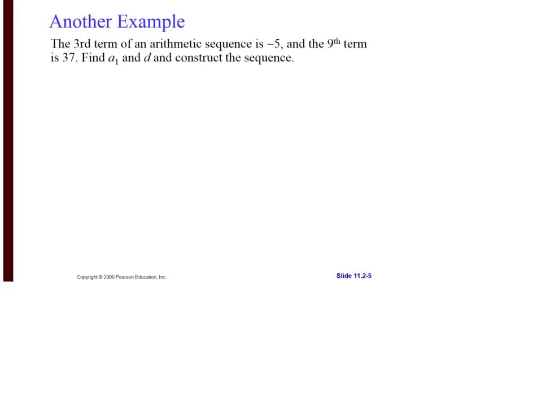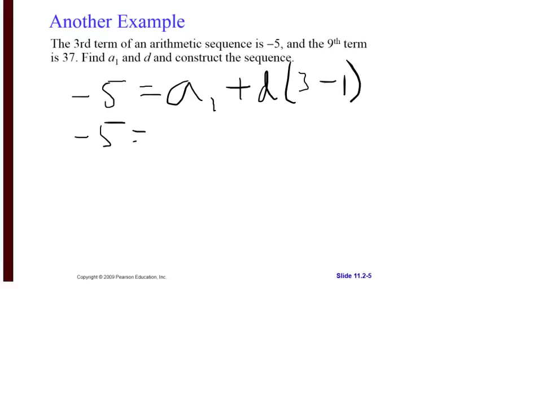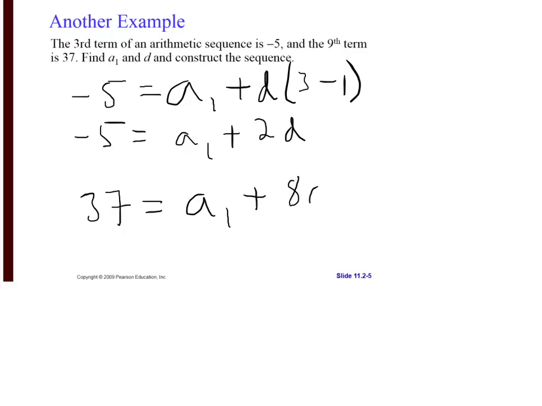Well, I know that the third term is negative 5, so a sub 3 is negative 5, so I can replace this stuff, right, which is negative 5 equals a sub 1 plus 2 times d, right? And then I know the ninth term is 37. So that's the first term plus, well, let's see, 9 minus 1 is 8, so that's 8d.